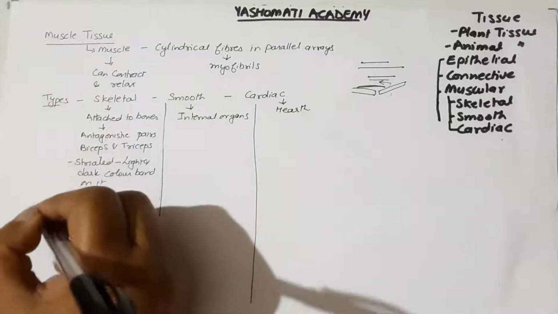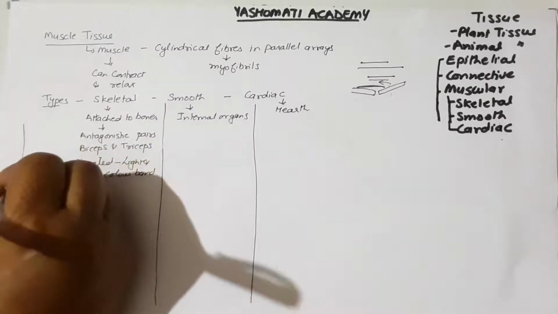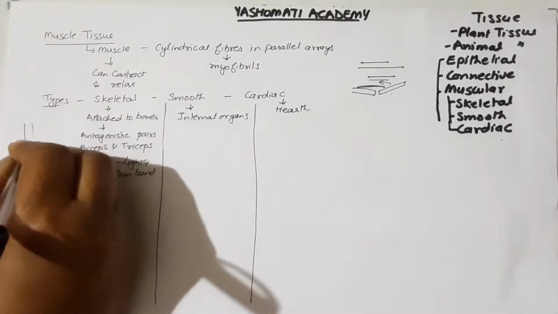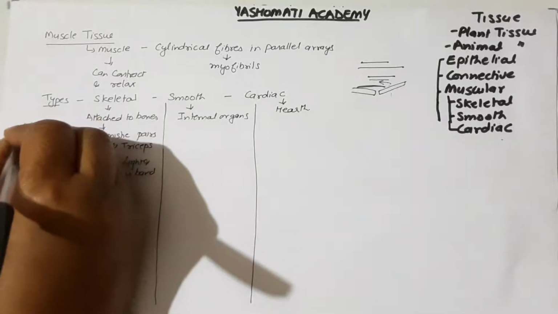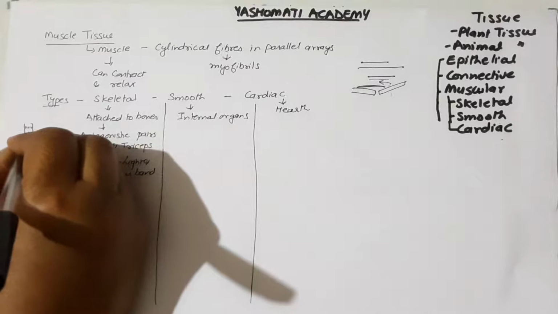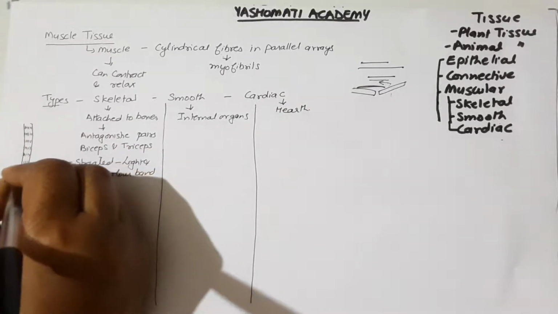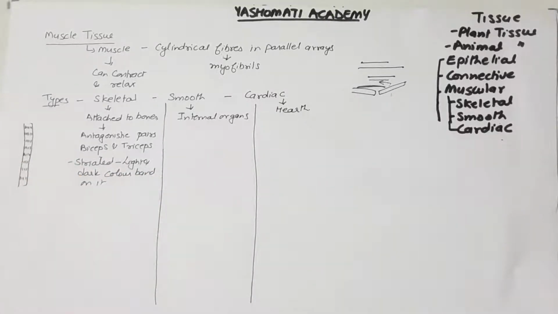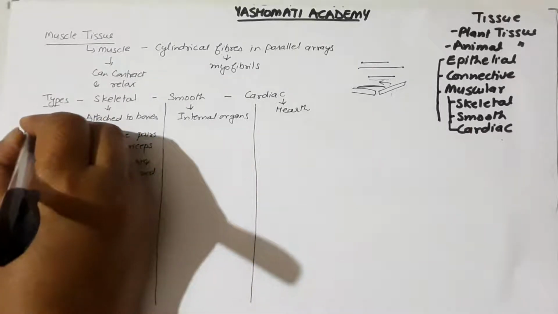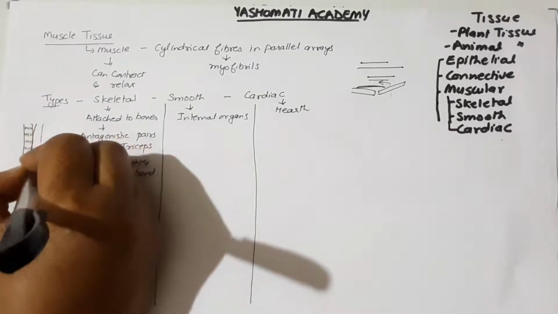They are arranged in such a way that they have striations on them. So they have light and dark color bands, and because it looks like stripes, that is why it is called striated muscle.